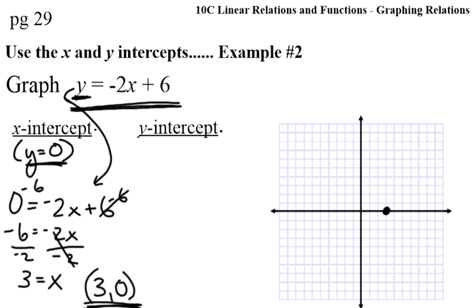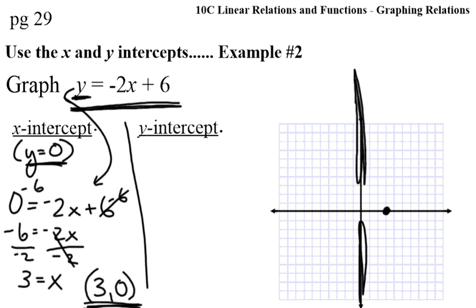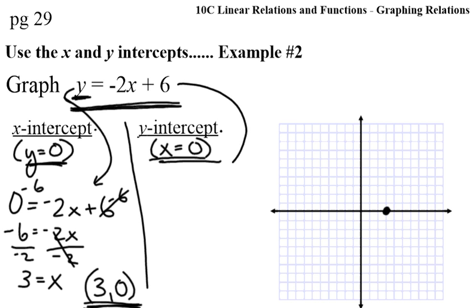The y-intercept, in order to contact somewhere on the y-axis, what do we know? We haven't moved left or right. So that tells us that in order to have a y-intercept, x must be 0. So I'm going to take my equation and this time, use x equal to 0. So we have y is equal to negative 2 times 0 plus 6.